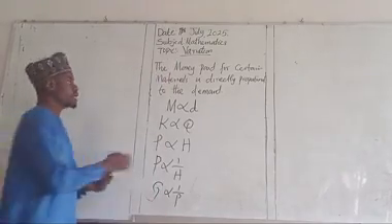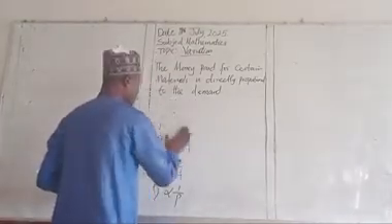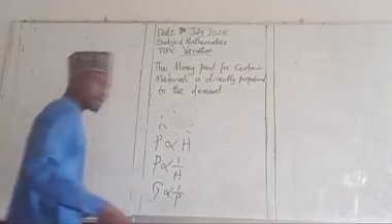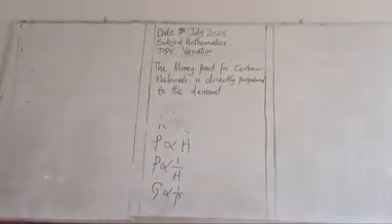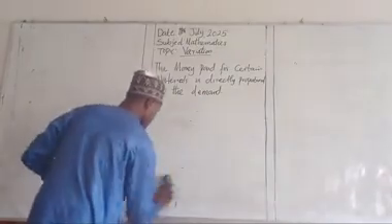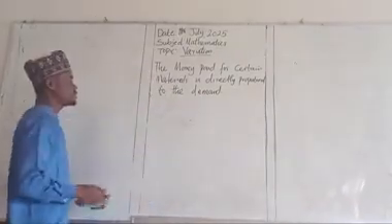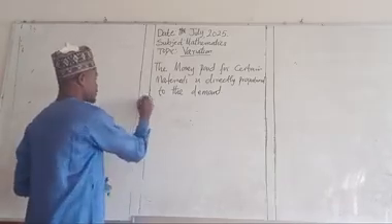Now, for example 1, let's solve some examples on direct variation and inverse variation. Example 1.